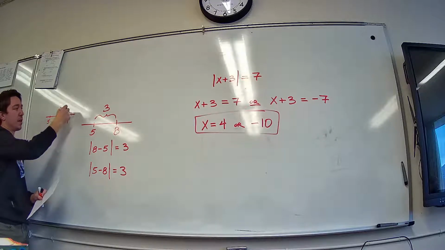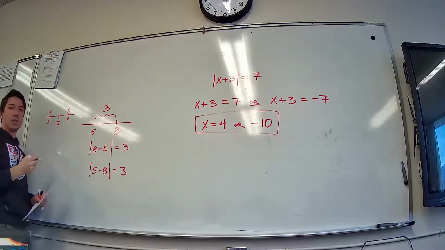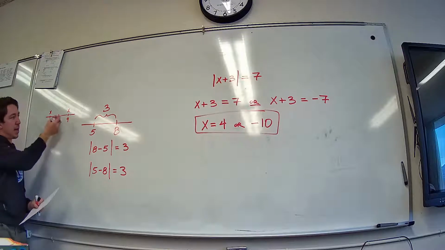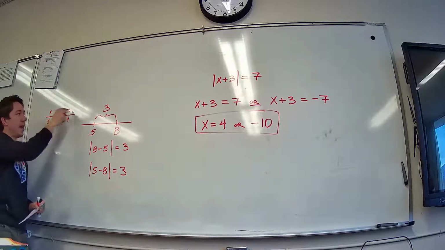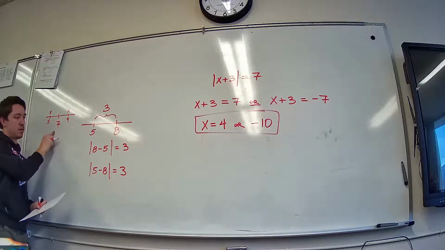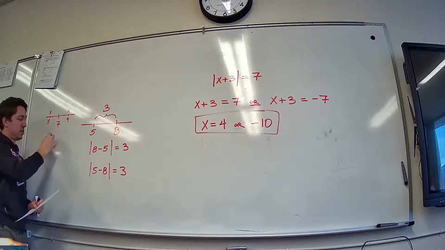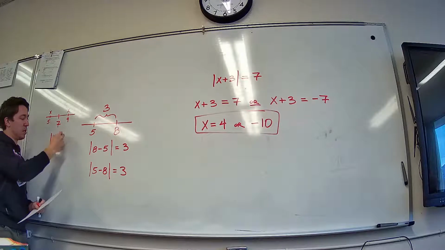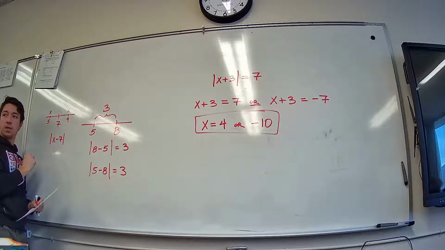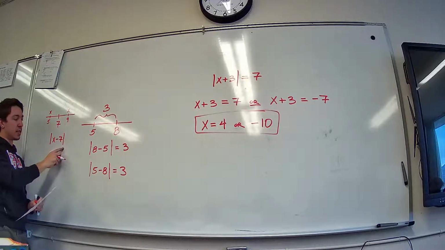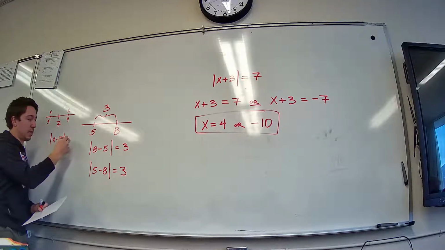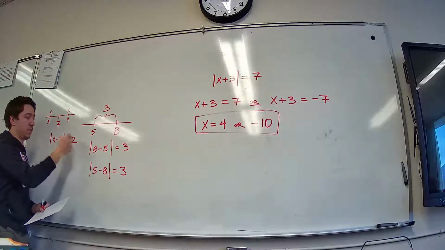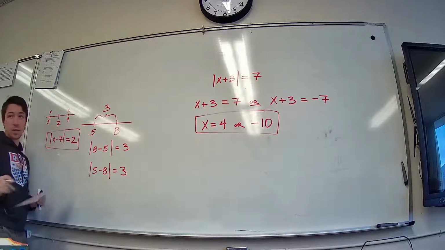So how do I write the phrase, the distance between x and 7? Absolute value of x minus 7. This expression says the distance between x and 7 is 2. So this is the answer.